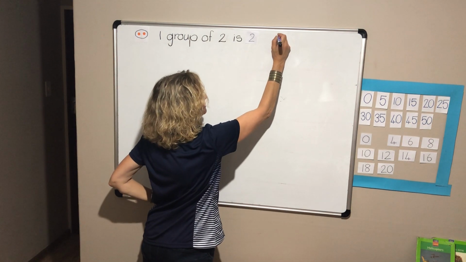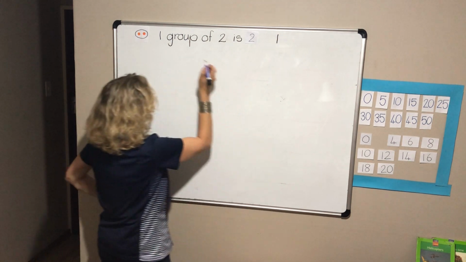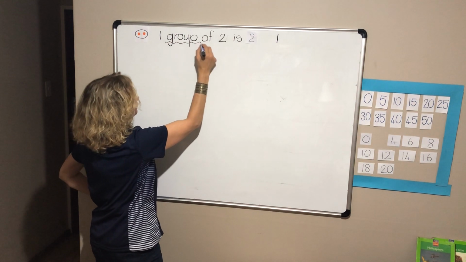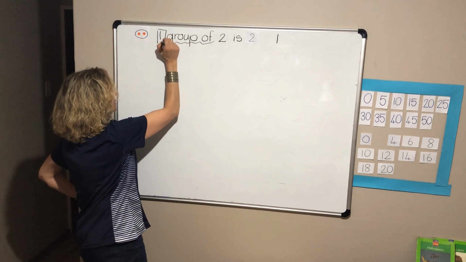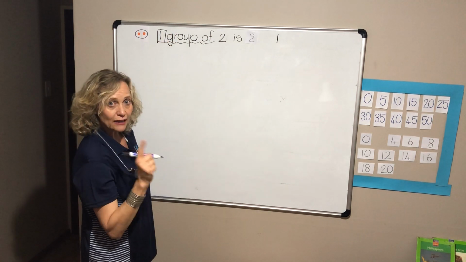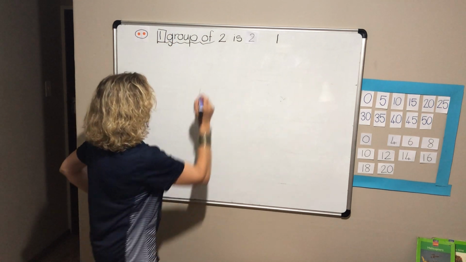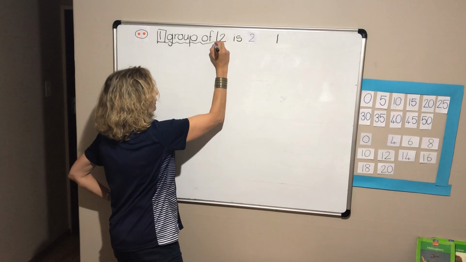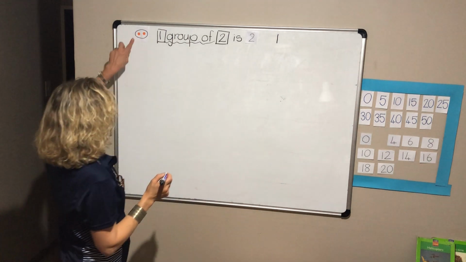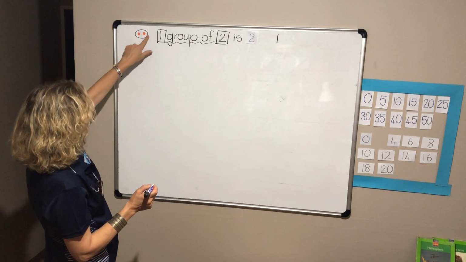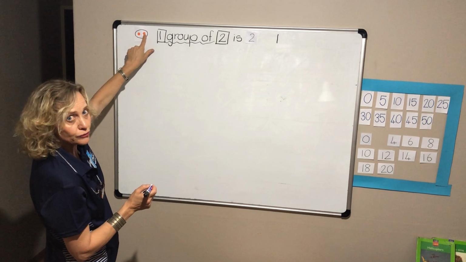And there is the sum. So instead of saying group of, we keep the 1. These are the factors in the 2 times table in the sums. There I find the 2. Yes. This is one group of 2.